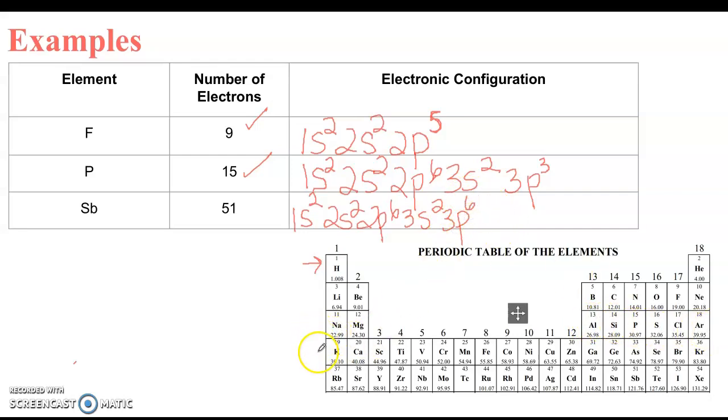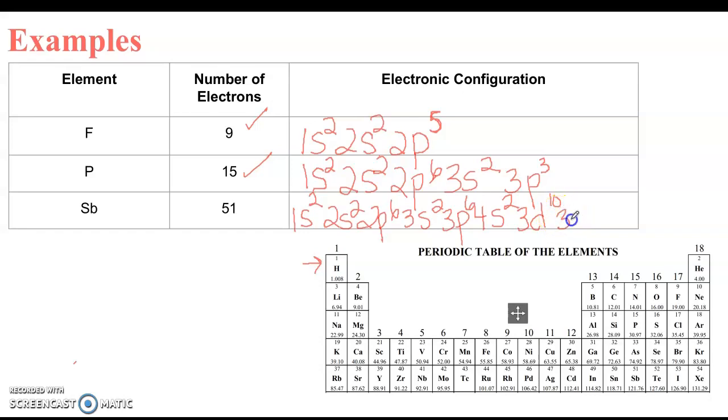I now enter 4s2. Remember, when we enter the d block, it's actually 1 less than the period, so that's 3d10.